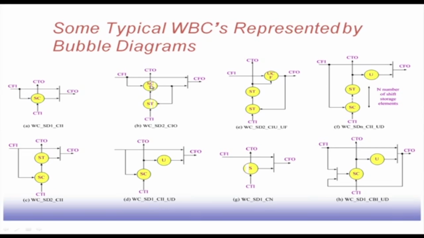Then this one can do scan, capture and transfer. This flip flop or storage can do scan and transfer. From CTI, the scan input can do the scan operation, and finally, it may be connected to the CTO. So, this may be one type of operation for this particular instruction.